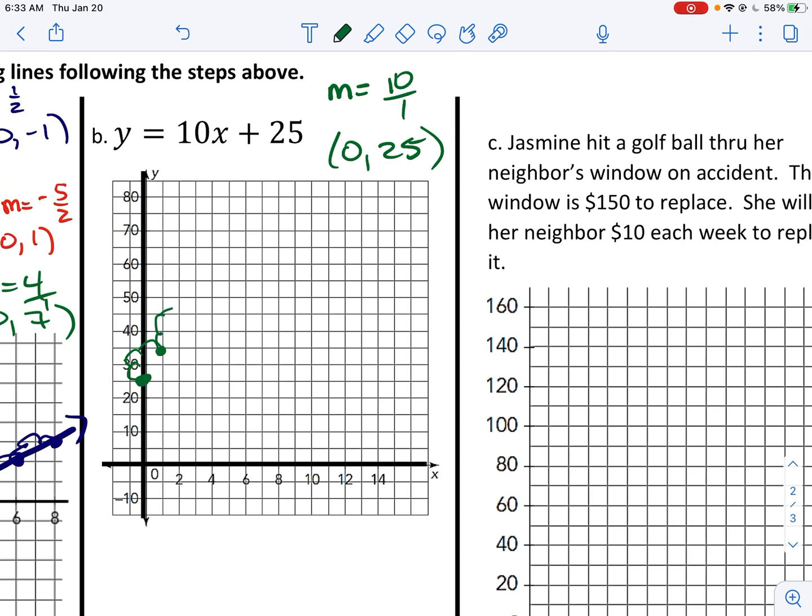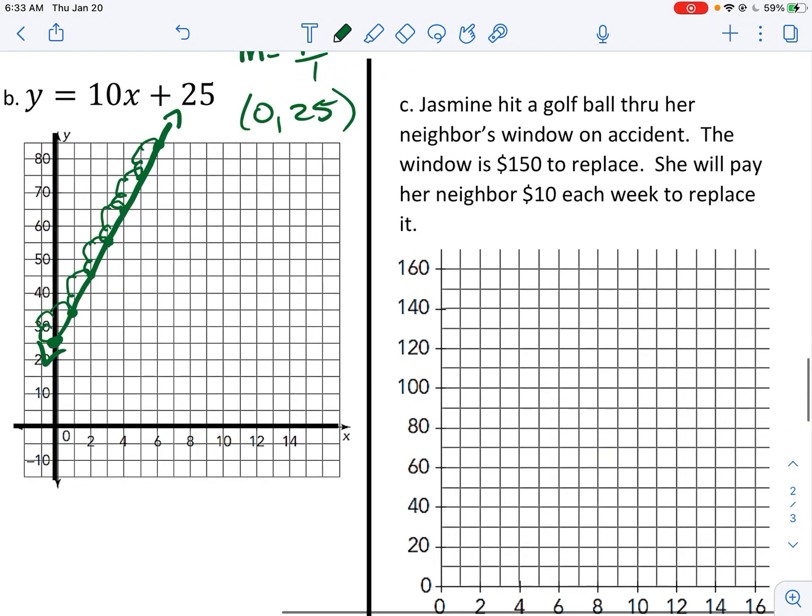Up 5, 10, over 1. 5, 10, over 1. Notice how I put arrows on each one of these.